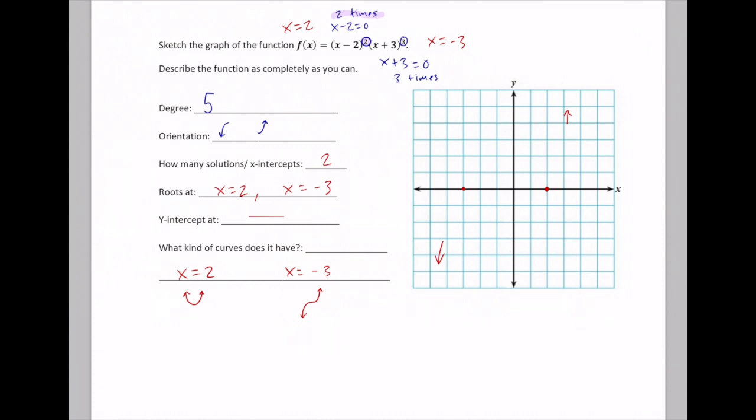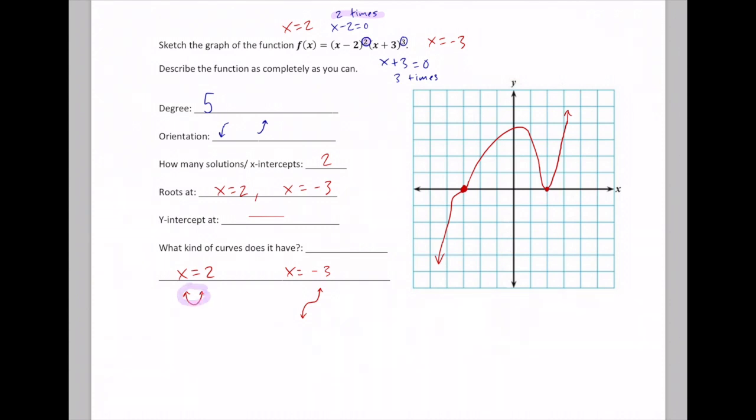So at x equals negative 3, right here, we know it has to have that bend. It has to have that S shape. So it's going to pass through while it bends. And then when x equals 2, it's going to bounce. Just like we predicted here.